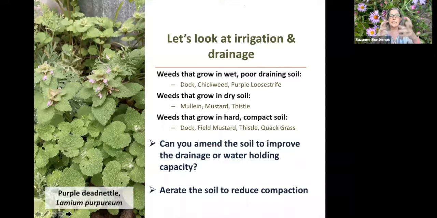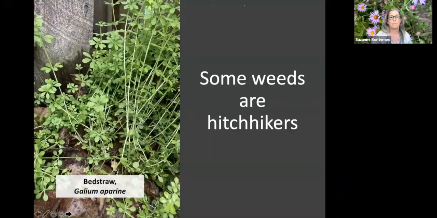So when we can identify what weed is growing, it's going to help us identify, are we going to amend the soil to improve the drainage, or are we going to add compost to increase the water holding capacity? Do we need to aerate the soil to reduce compaction? These are things that we can look at to change the environment to reduce the weeds.